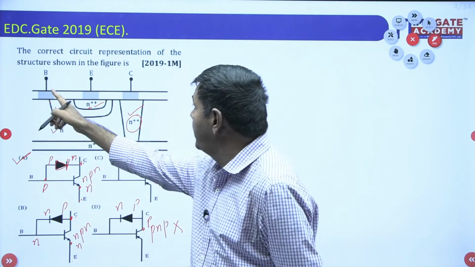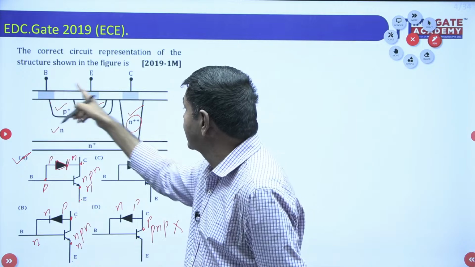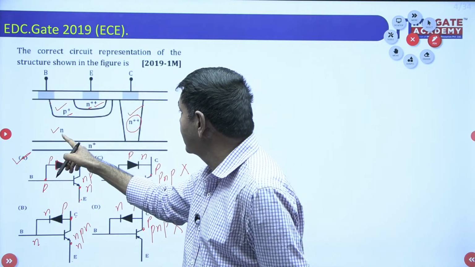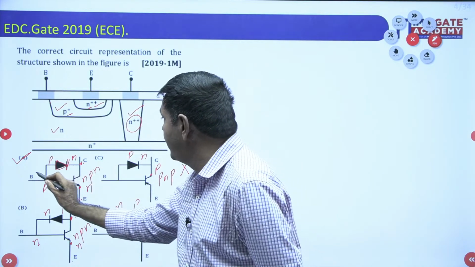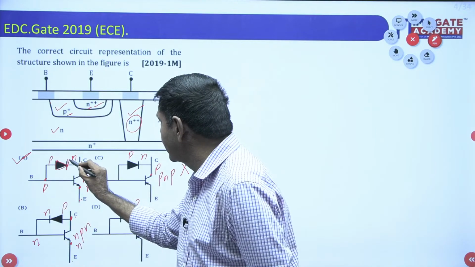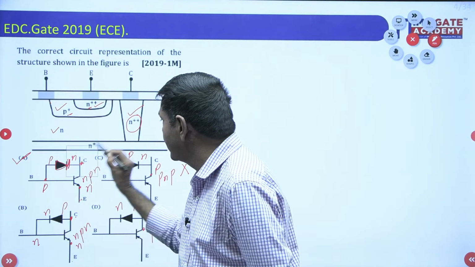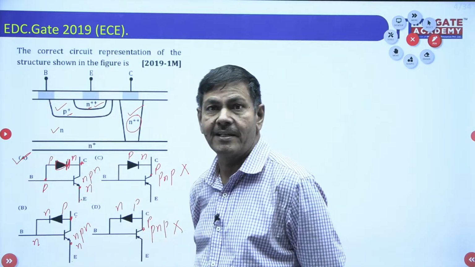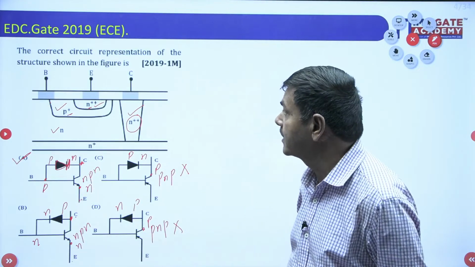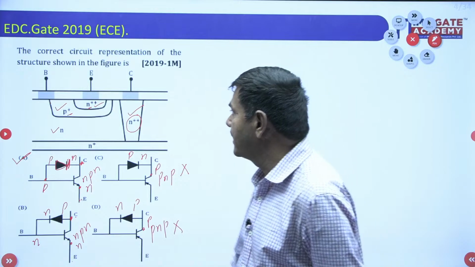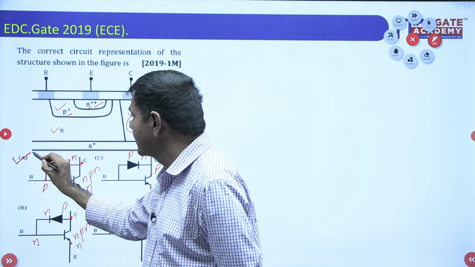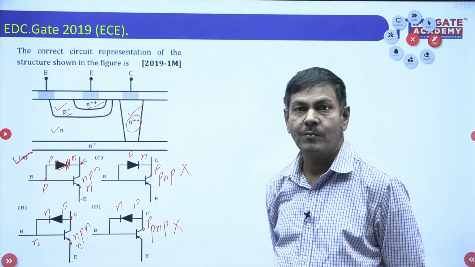Even if you watch the base and collector, both are N-type, exactly satisfying all the conditions as per the given structure. So option A is correct for this question. This is the way we can tackle this question.